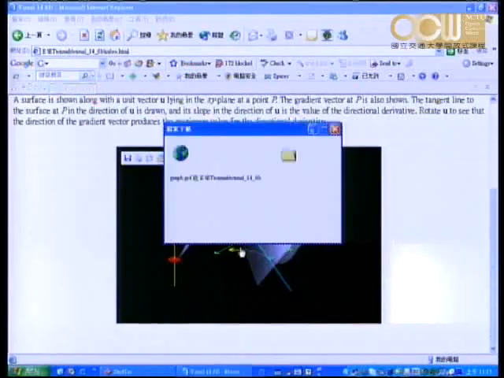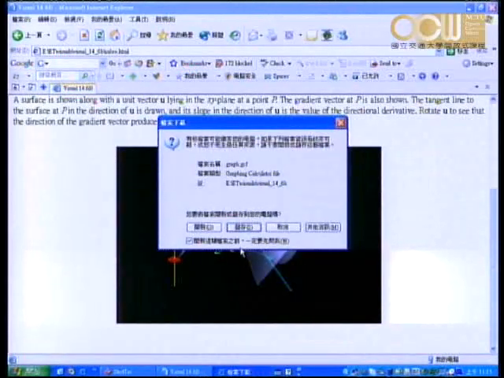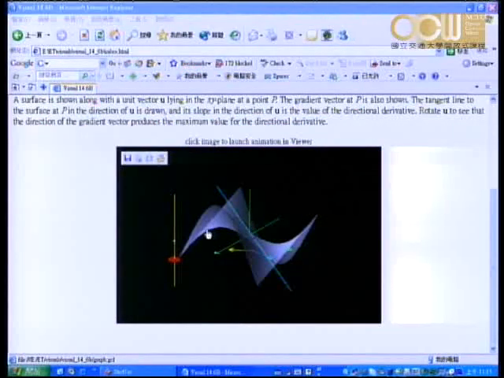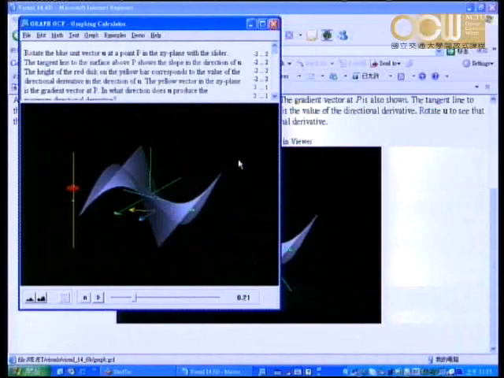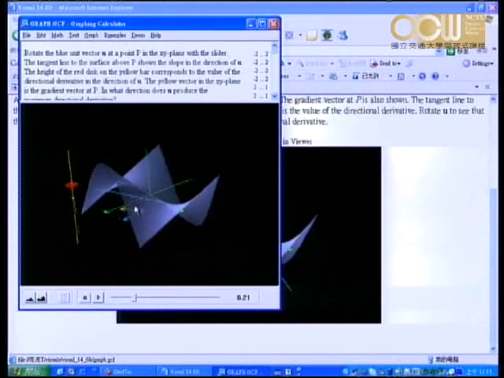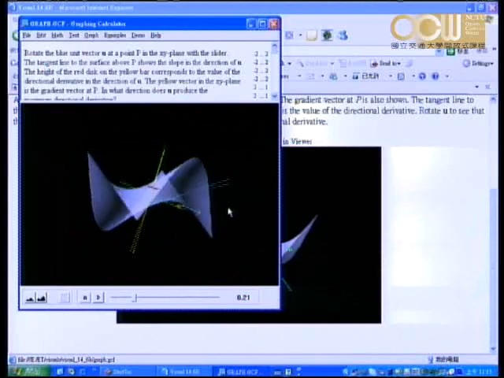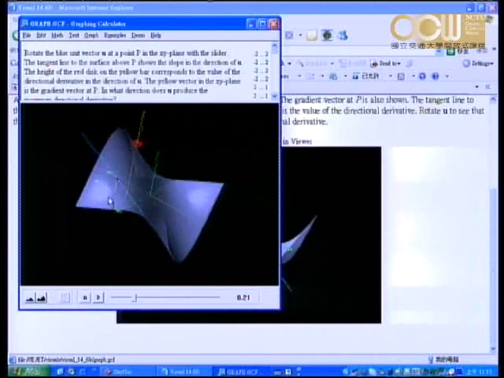I'm not sure whether it will work. Okay. Now you see this will give you here. First I have to explain what is a good angle to look at this.